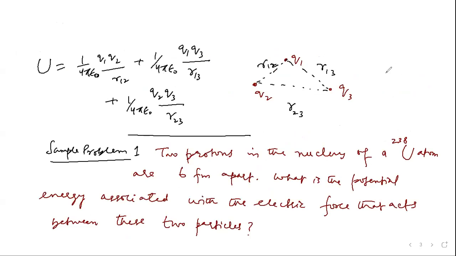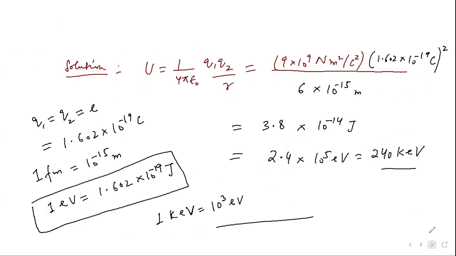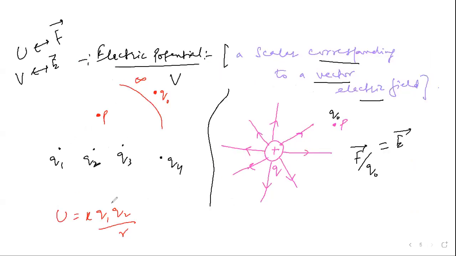If I bring a fourth charge, that fourth charge will interact with all these 3 charges. So there will be additional 3 terms. That means for 4 charges, I will have 6 terms. So there will be 6 terms like this in the potential energy of this 4 charge system. But this Q naught will not contribute to that potential energy because it is at infinite distance from these charges. We have said when charges are at infinite distance from each other, potential energy corresponding to that configuration is 0.